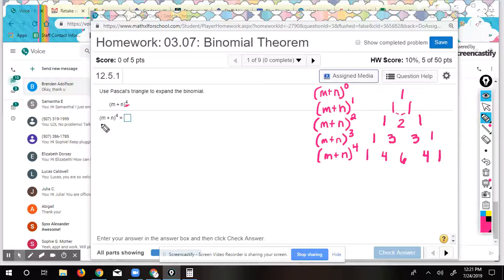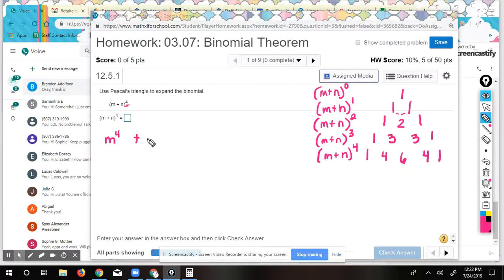Now we've got to deal with the actual variables inside. All of the variables start with a pattern, okay? So since it's positive, we don't need to worry about negatives anywhere. So we start with the m, and the m gets that fourth power right away. So when you start this, the first variable gets whatever the exponent is.